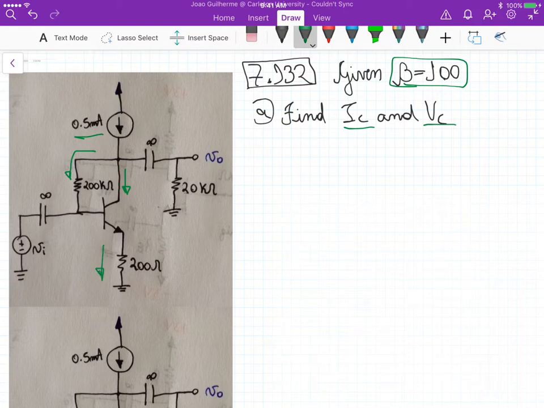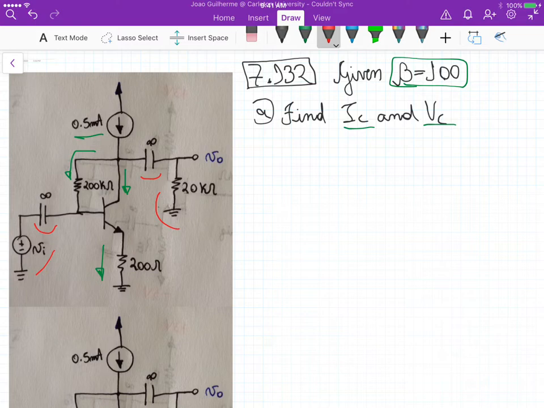the emitter current. So from the DC analysis, one thing first: these capacitors behave as an open circuit, so the small signal voltage source and the load resistance here are taken out of the circuit.